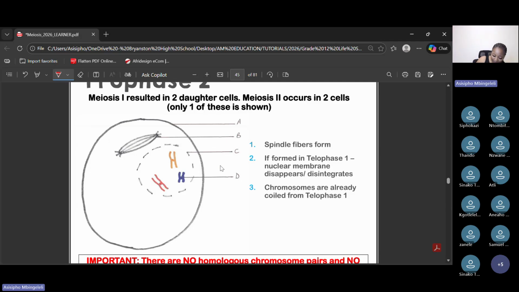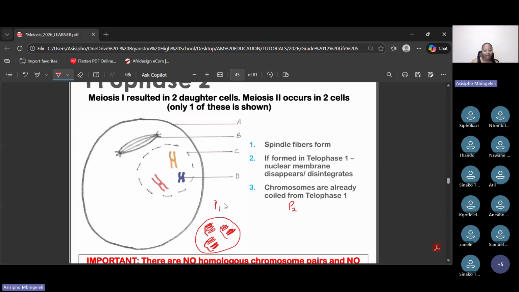So what are we able to see between prophase 1 and prophase 2? In prophase 1, we had 3, we have another one and another. Should have used a different color, but anyways. This was pair 1, pair 2, pair 3.